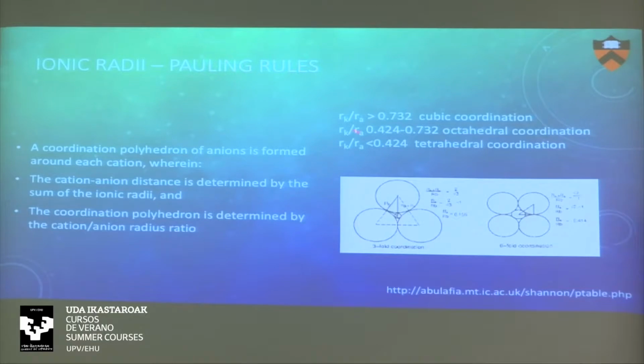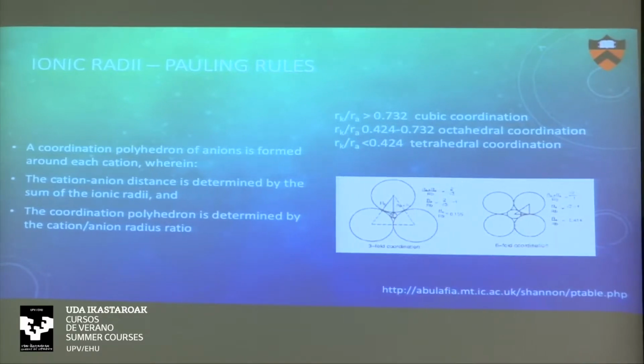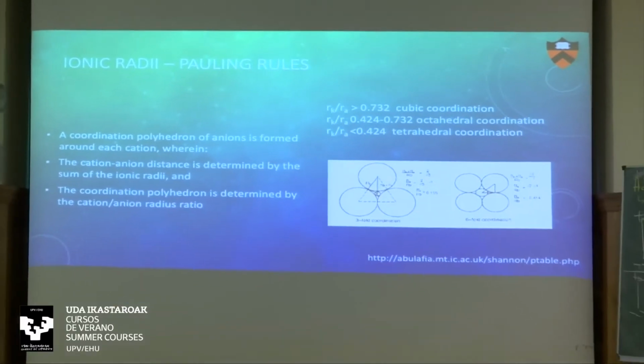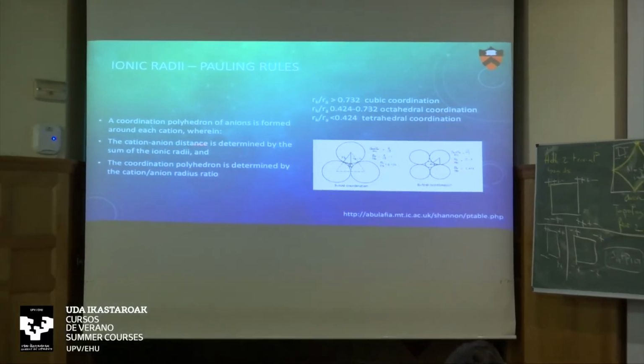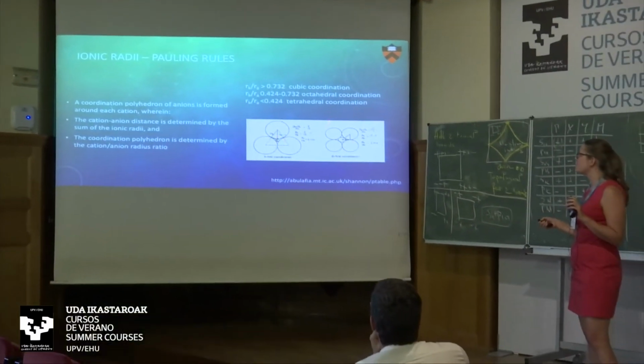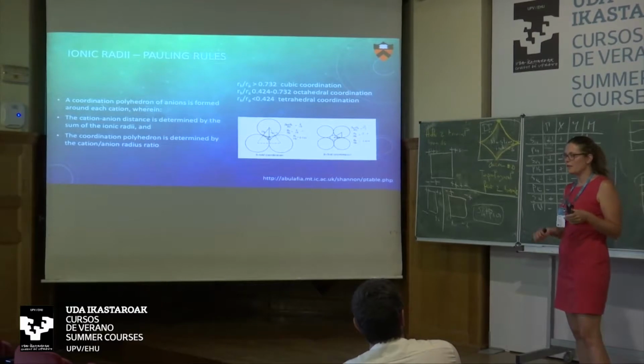Okay, if it's larger than 0.7, you get a cubic coordination. If your ratio is in between 0.4 and 0.7, you get an octahedral coordination. And if it's smaller than 0.4, you get a tetrahedral one. And I'll come back to this later, why this is very important if you want to predict new materials. Because if you make something up and it violates the Pauling rules completely, it's not going to form.